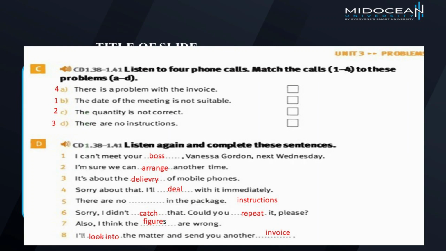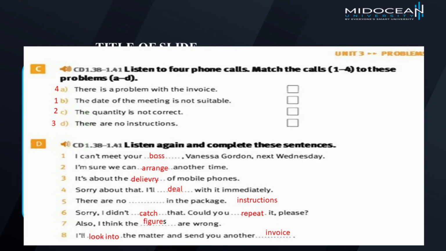I will deal with it immediately. 5. There are no instructions in the package. 6. Sorry, I didn't catch that. Could you repeat it, please? 7. Also, I think the figures are wrong. And 8.